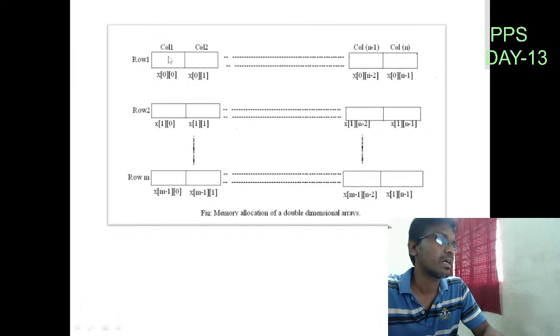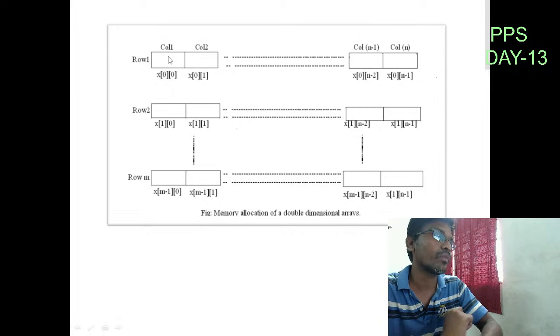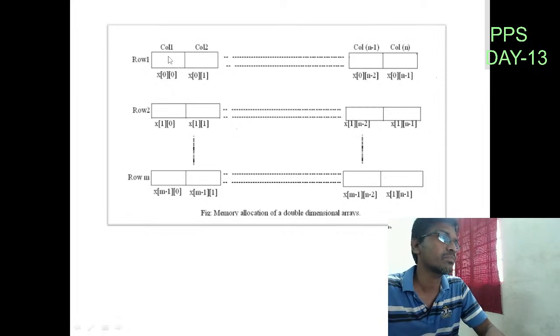I said that it is row wise: 0th row, 0th column, then 0th row, first column, and so on. So here the first value is x of 0 0, at index 0 0, that means 0th row, 0th column. Like that, it will store the values up to x of n minus 1.